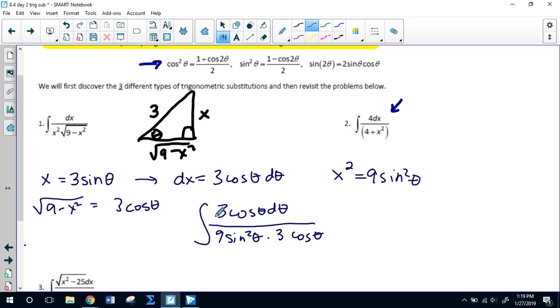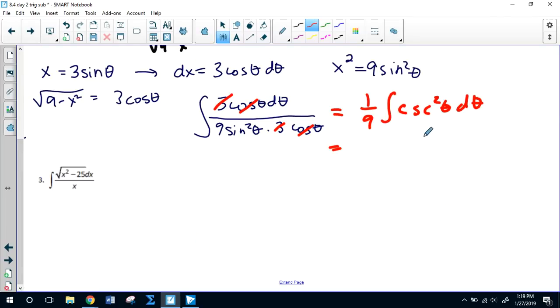And as you can see, the 3 cosine cancel, and you are left with 1/9 times the integral of 1 over sine squared, which is cosecant squared theta d theta, and the antiderivative of cosecant squared is negative cotangent. So this is negative 1/9 cotangent theta plus c.